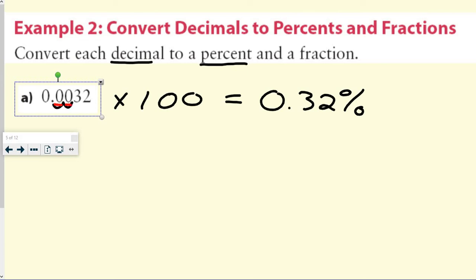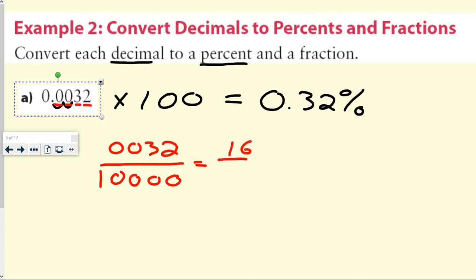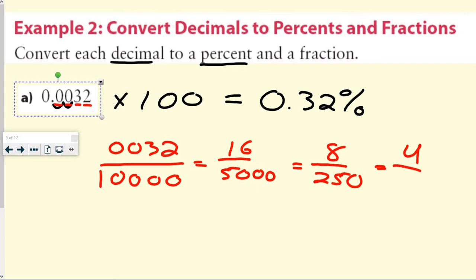As a fraction, we have to count tens, hundreds, thousands, 10,000. So it's 32 over 10,000. And then we can put that down to lowest form. So 16 over 5,000, which equals 8 over 2,500, which equals 4 over 1,250.